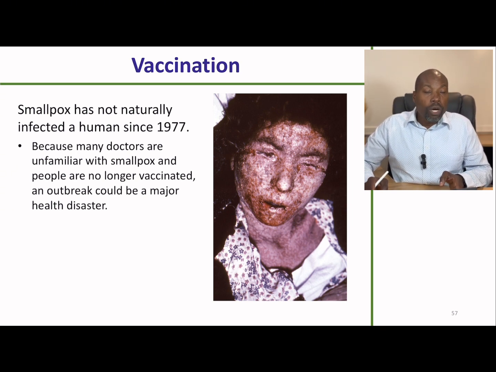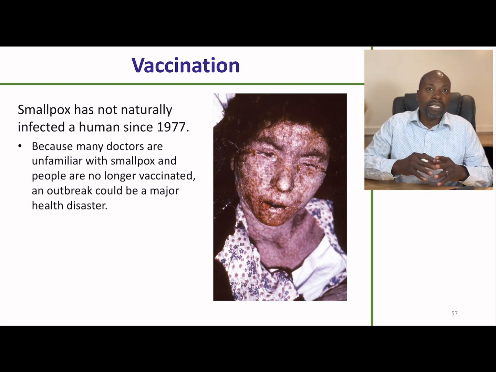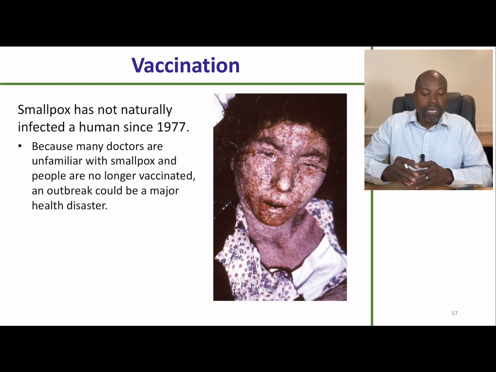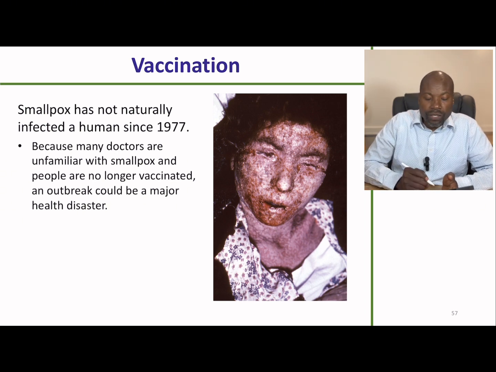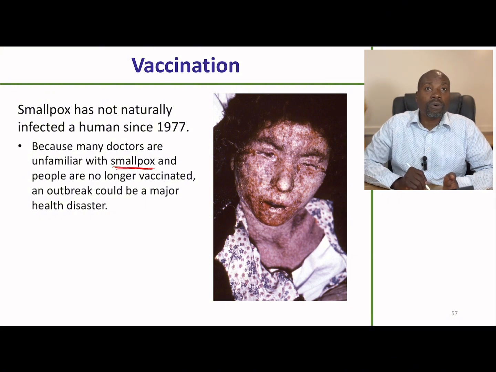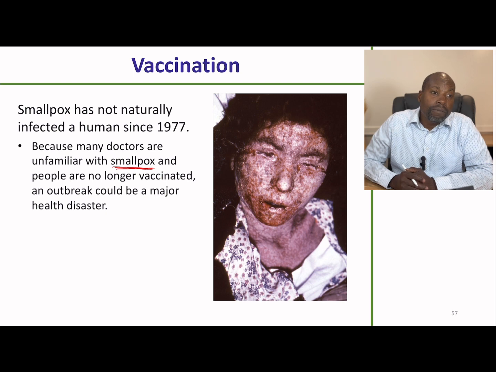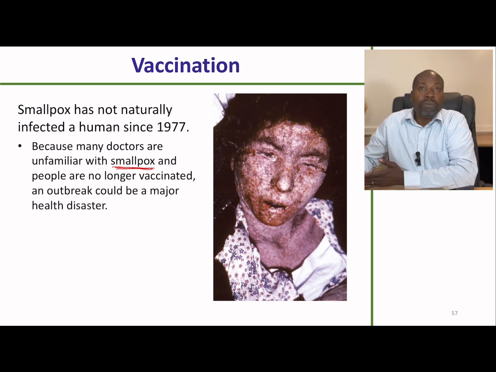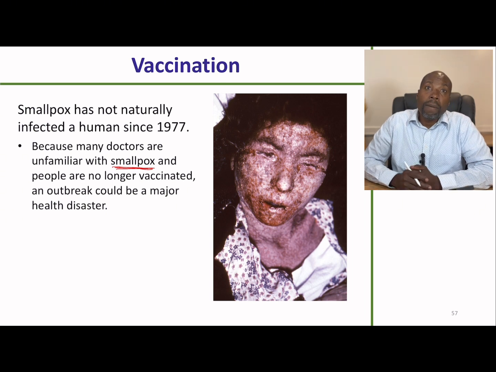Well, we know today that people are unfamiliar with the situation, including even in the health industry, right? The healthcare people, including some physicians, for instance, are not aware anymore that smallpox is actually a reality, right? And they tend to say, well, you can immunize your child or not immunize your child. That's okay with me.